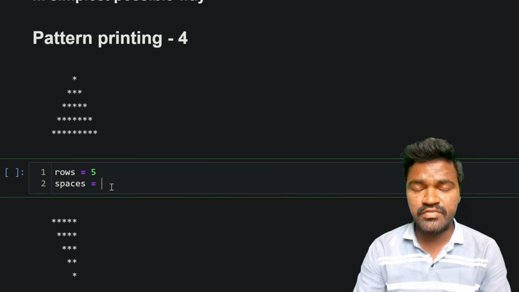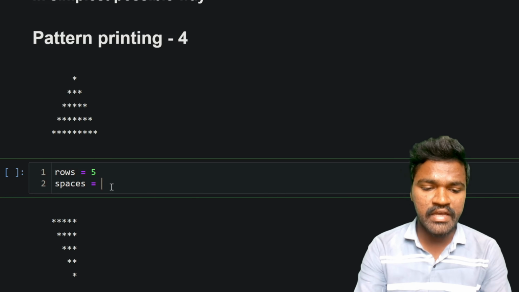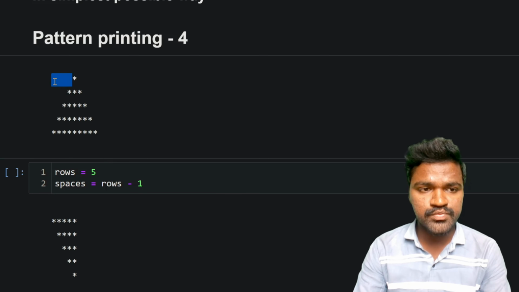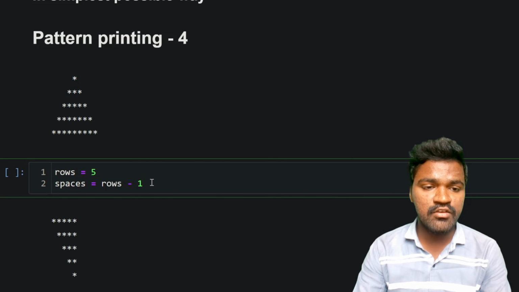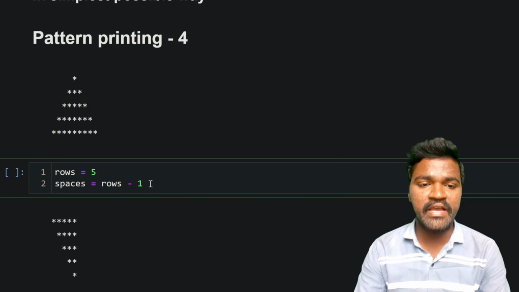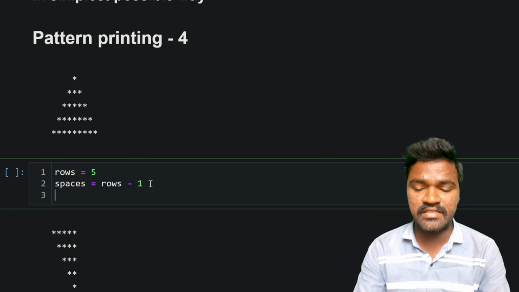I will take the spaces value as rows minus 1, because if you see here in the first line I am having four spaces, 1, 2, 3, 4, and in the fifth position I am having this particular star. Because of that reason I am taking the value of spaces as rows minus 1, 5 minus 1, 4. With that I am beginning my loop.